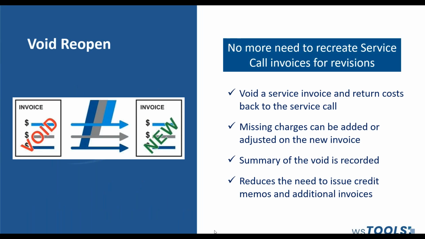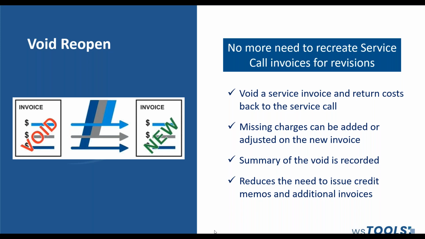All right, first one up is Void Reopen. And this particular tool is one of our most popular tools. How this works, I'm already losing my voice, sorry, is if you do a T&M invoice, a service invoice, and you have posted it onto receivables, all the way through service onto your customer in receivables, and you find out that it was maybe the wrong amount or you needed to make a change to it and resend them an invoice, you can use this tool called Void Reopen.